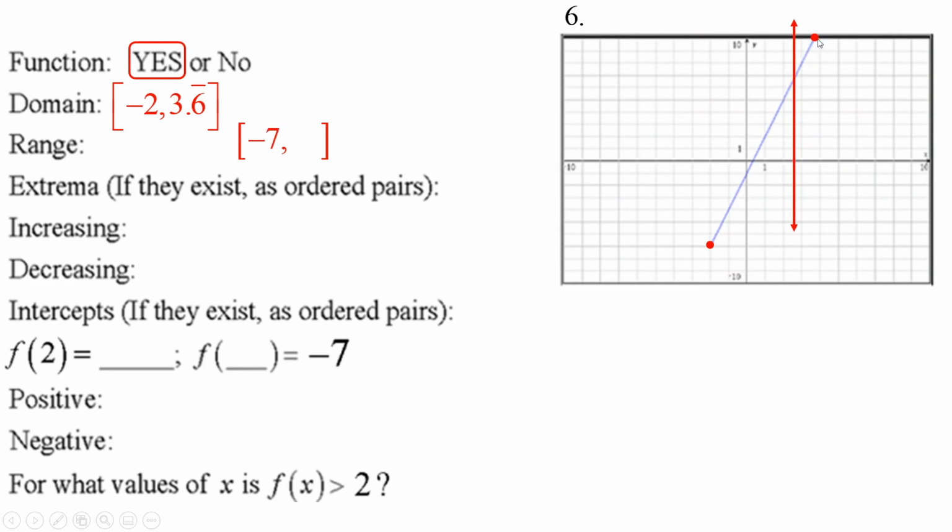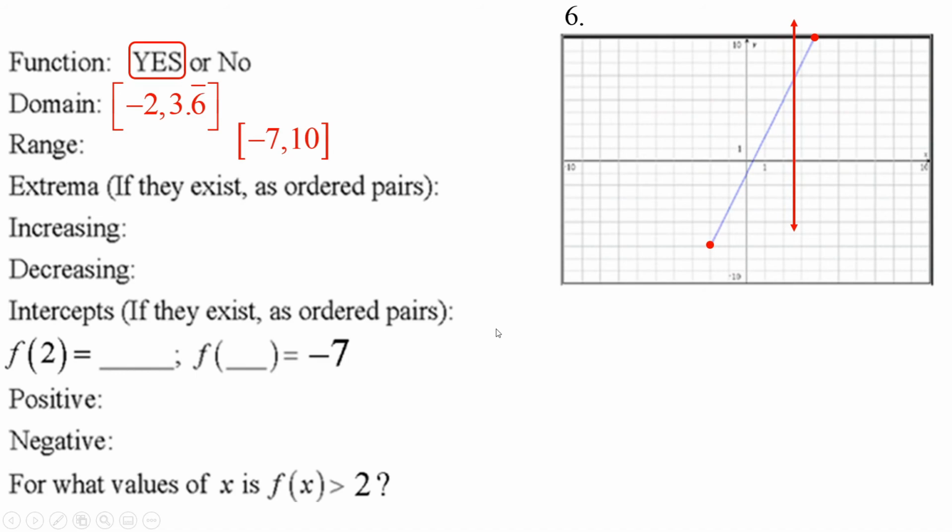That looks like we go all the way up to y equals 10 up top. So both the domain and the range are closed intervals. The domain is the interval from -2 to 3.6 repeating, and the range is the interval -7 to 10. Okay, closed intervals. And remember, domain, that's all your x values on the graph. The range would be all your y values.